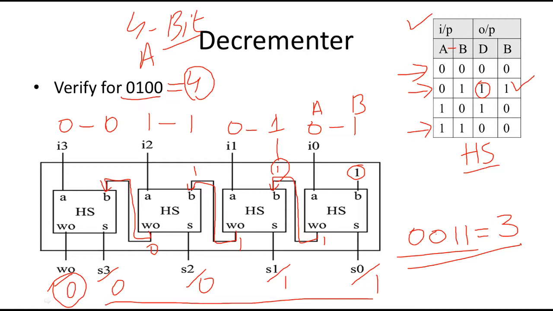The first was using full adders, where we add the 2's complement of 1 to our original number. The second approach was the implementation of a decrementing circuit using half subtractors, which uses fewer gates and is much more efficient and simple. However, both approaches are correct and produce a correct answer. That's it from today.